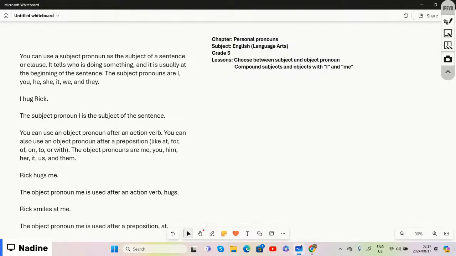If we look at the examples of object pronouns, it says, it ran to me.